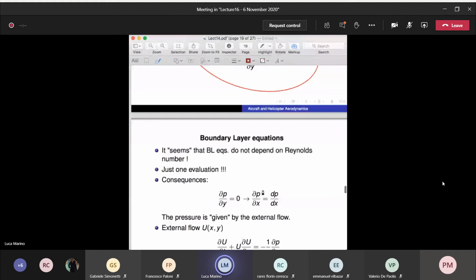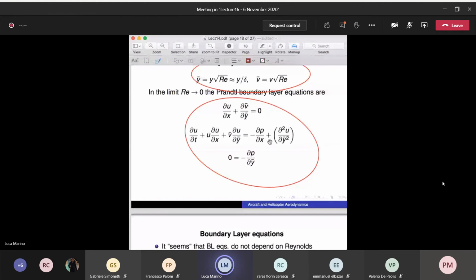Remember that when you approach the boundary layer, from a theoretical point of view, you already know the Euler solution. Okay, so you already know the external solution. So if you want to study the flow around an airfoil, around a wing, you first have to solve the non-viscous problem.